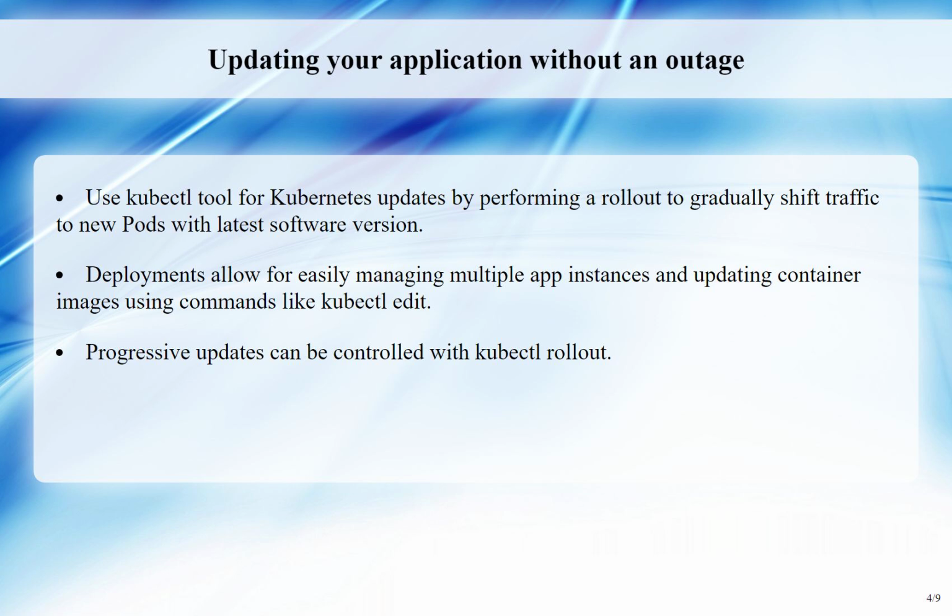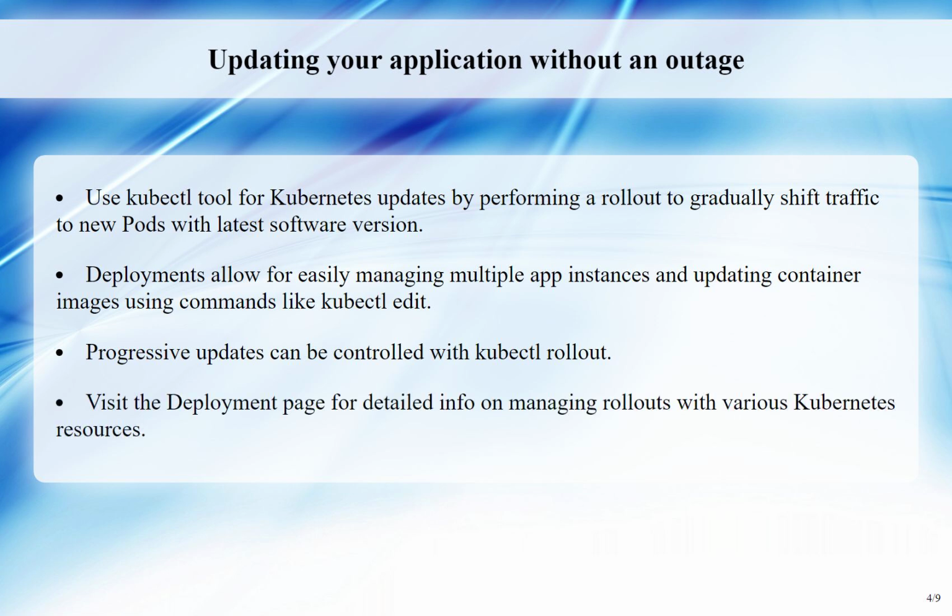To manage rollouts effectively, you can use kubectl rollout to pause, resume, or cancel a rollout. Visit the deployment page for more detailed information on how to manage rollouts with different Kubernetes resources, like daemon sets, deployments, or stateful sets.